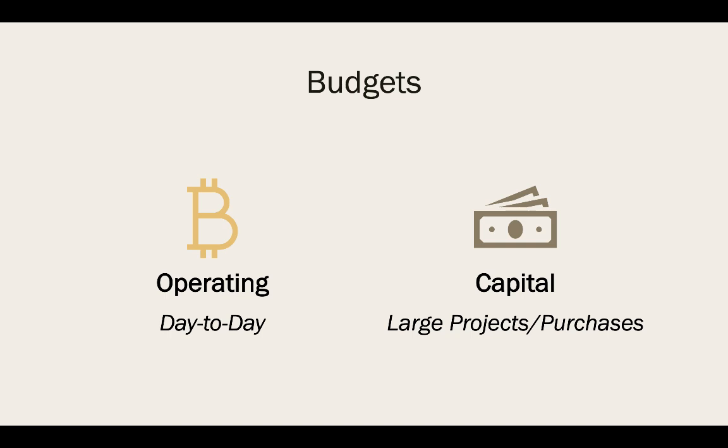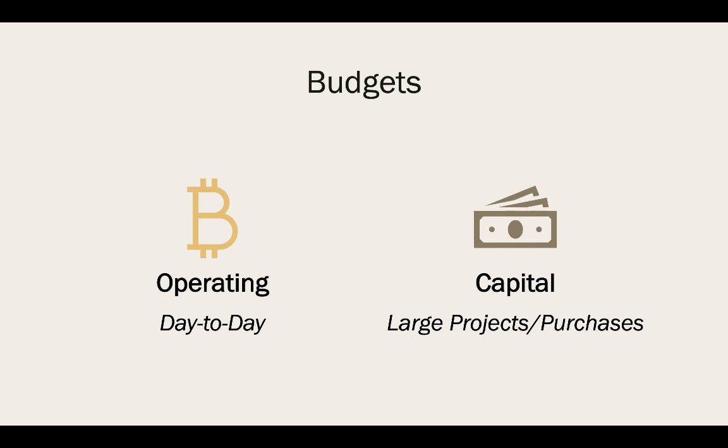Looking a little bit more long term with a capital budget, these are our big projects. These are our big purchases that are going to take years to either complete or pay off. So if I am building a new EMS station, that's in my capital budget. That's a big project. That's a big expense. That's a big purchase, and that's going to be reflected in my capital budget, as will vehicle purchases.